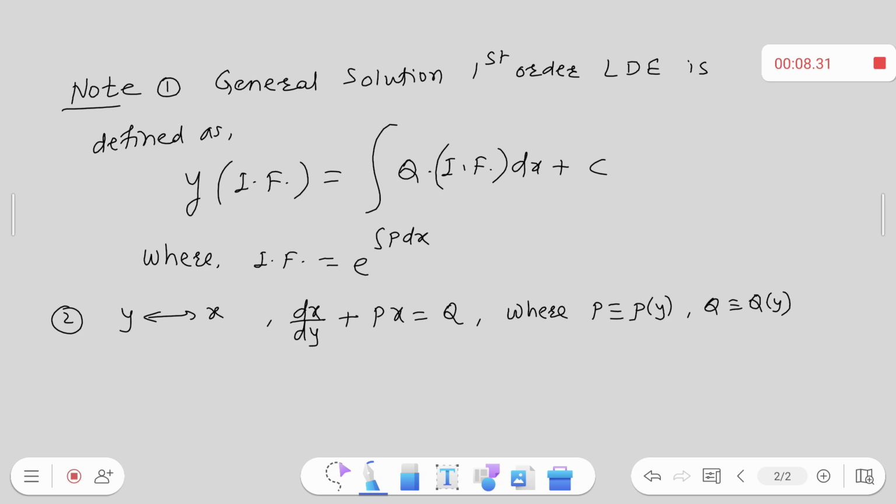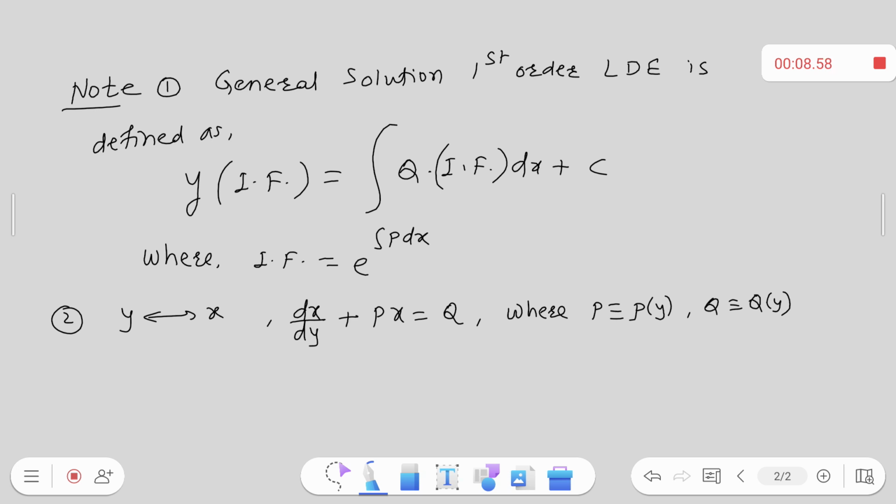Since here y is the independent variable, when we change the role of dependent and independent variables, the differential operator is also with respect to y. In the previous case the operator was with respect to x, but here it is with respect to y, since y is independent and x is dependent.